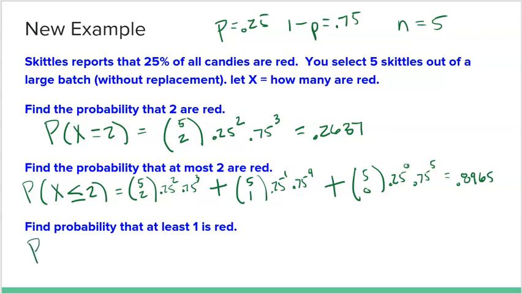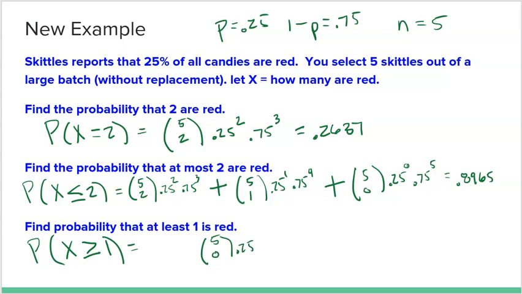All right, what is the probability of at least 1 that is red? This is x greater than or equal to 1. Now, this would be 5 choose 1 red, 5 choose 2 red, 5 choose 3 red, 5 choose 4 red, 5 choose 5 red. I don't want to waste my time showing all that work, so I'm going to do it one way faster. I'm going to find the probability that there are none red. That is 5 choose 0.